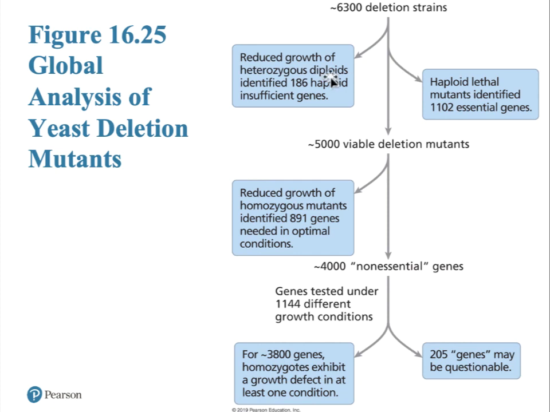Here is that data in graphical form. So out of the 6,500 genes present in this yeast, 20% are necessary for growth and life. The others are not essential. 80% are not essential, 20% are.